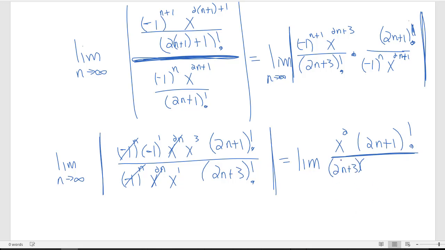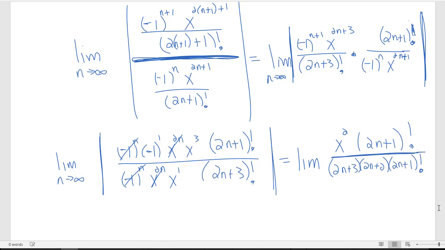So let's suppose n was 5. This gives me 5 times 2, which is 10, plus 3. So I get 13 factorial. So I'm going to subtract 1 from that to get 12 factorial. So 2n plus 3, I subtract 1, I get 2n plus 2. And then I subtract 1 again and get 2n plus 1.